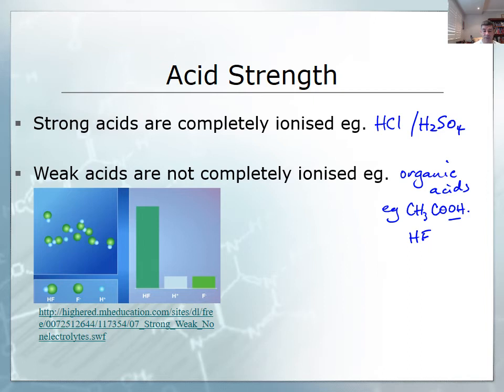Now, hydrogen fluoride is an interesting case because you can see it over on the diagram that I've included. Here we see a number of molecules of HF. The little blue ones indicate the hydrogen ions. The larger green ones indicate the fluoride ions, and then an intact molecule is the hydrogen fluoride. So this is the H plus ion and this is the F minus ion. Notice when we look at the comparative amounts of each, there is a very large amount of the HF and only a small amount of each of the two ions.